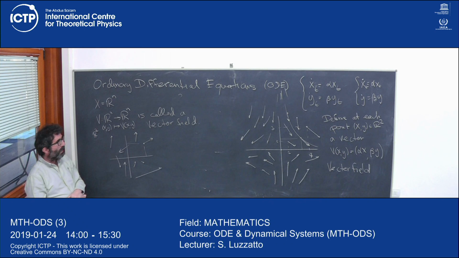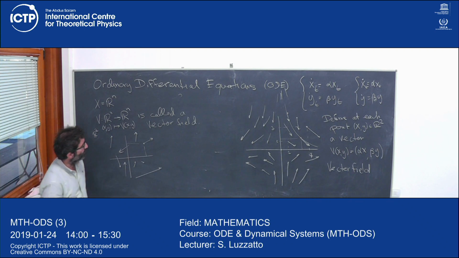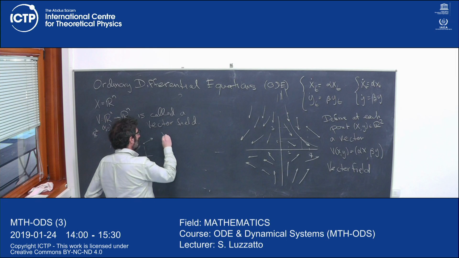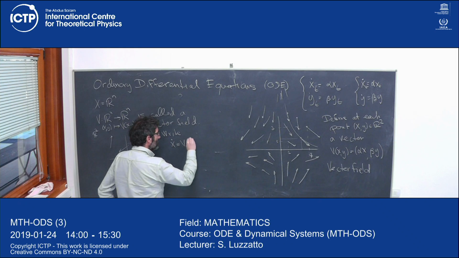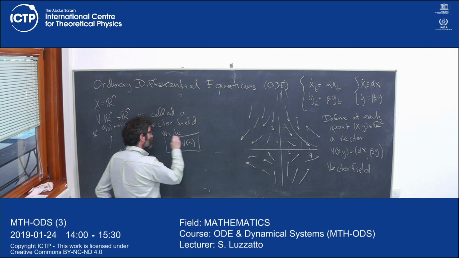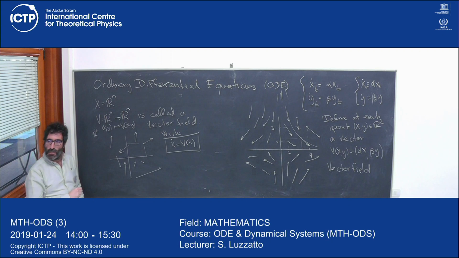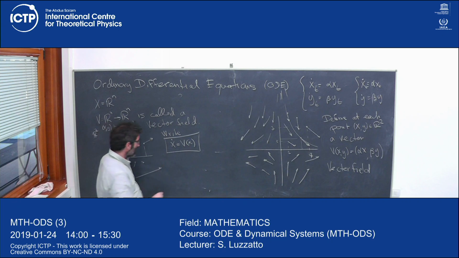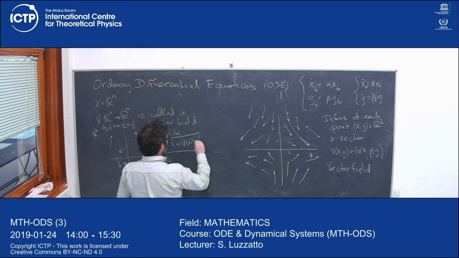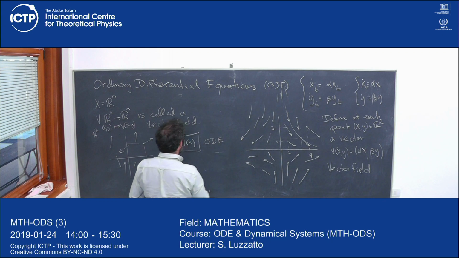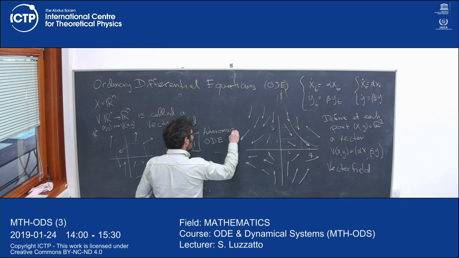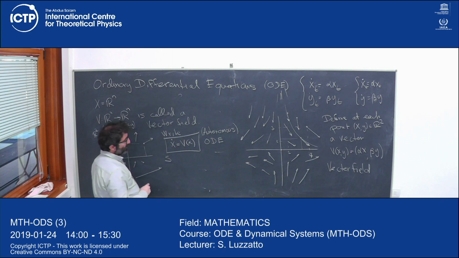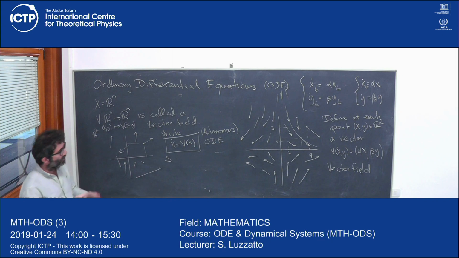Now, when we write it as a differential equation, we write x dot equals v of x. This is the fundamental notation for a differential equation. This is called an ordinary differential equation, in fact an autonomous one, because you can have more general versions that depend on t, but let's not talk about that for the moment.